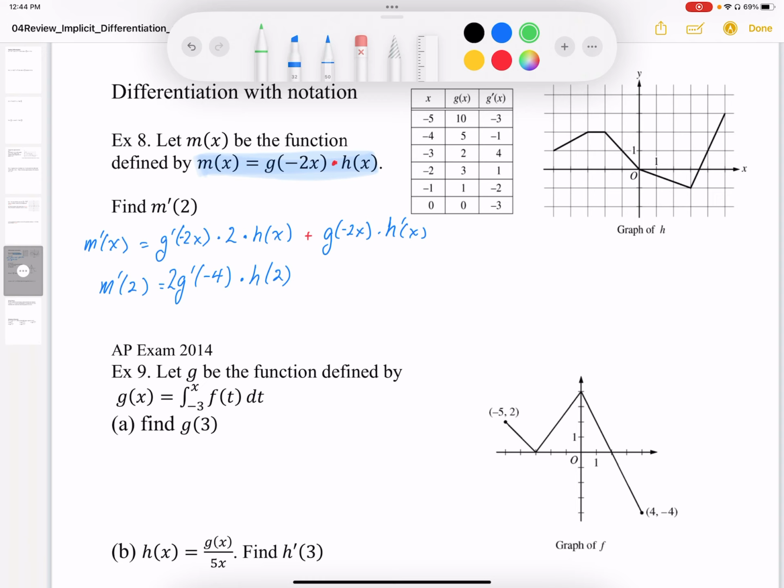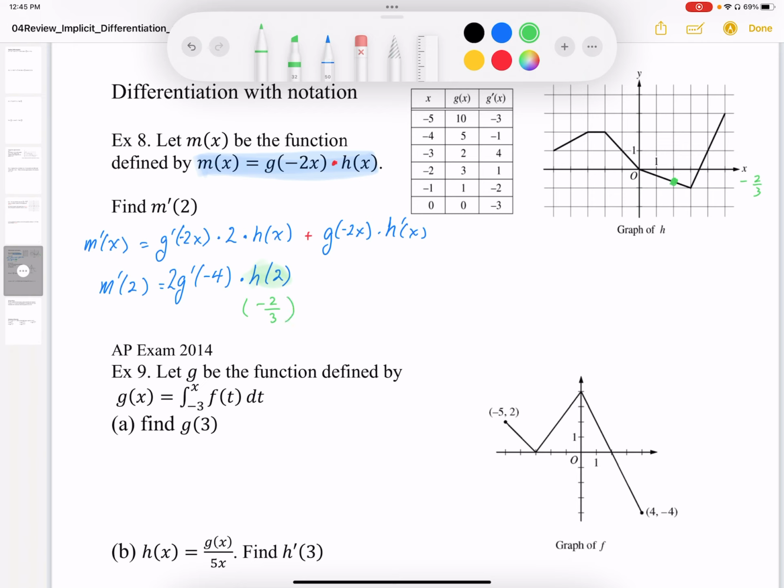I'm going to highlight this here. So h of 2, I can get directly from the graph. H of 2 is going to be that point there, and that point is going to be at negative 2/3. So I can replace that h of 2 with negative 2 over 3.